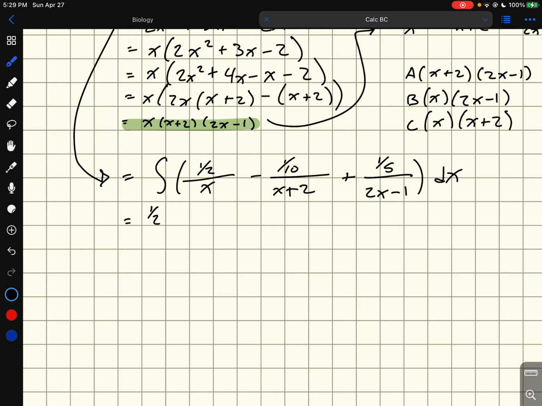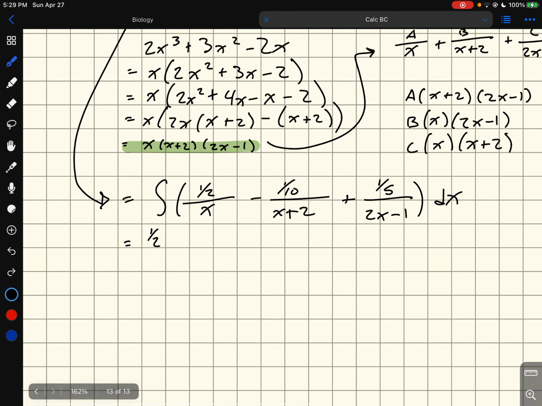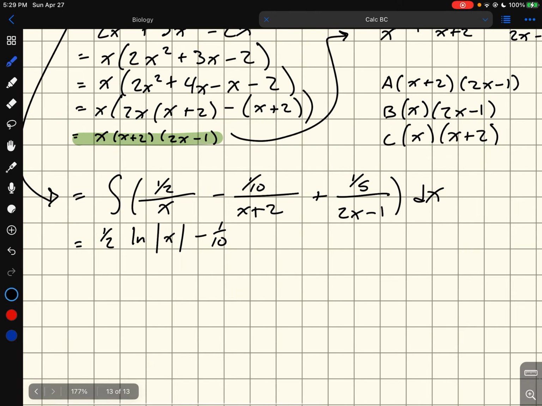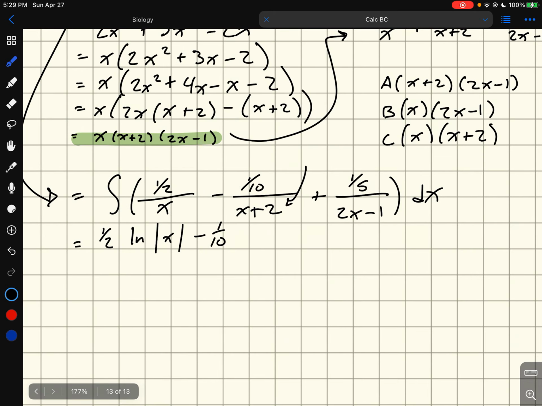And then you're left with, like, this becomes 1 over x when you put the 1/2 in the front. So the integral of 1 over x is the natural log of absolute value of x. So you want to remember the integral of 1 over x is the natural log of the absolute value. So now I'm going to move the negative 1/10 into the front, and then the integral of this.